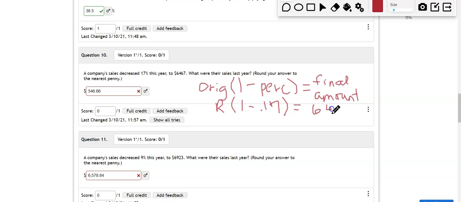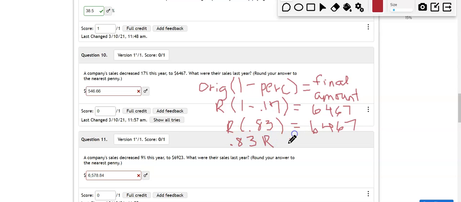So just like we did with the one that I just worked before, we need to solve an equation. Now let's first notice that 1 minus 0.17 is going to be 0.83. And again, remember, you can think of this as the 0.83 in front of the R if you want to.